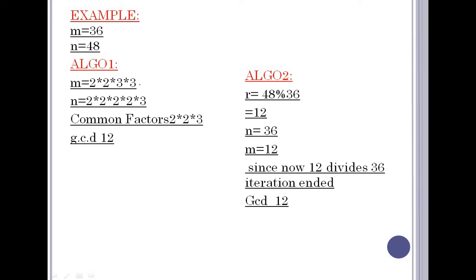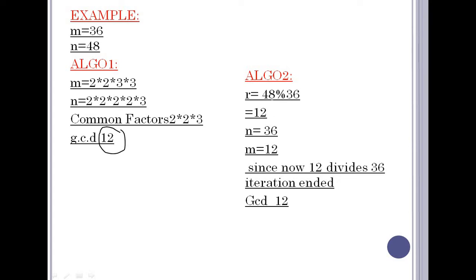We can write a logic for this with a while loop that runs until the number is equal to 1. We find the factors of m and store them in an array, do the prime factorization of n and store it in another array, find the common factors, multiply them, and it returns 12.